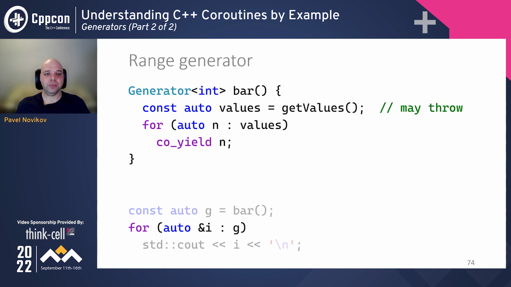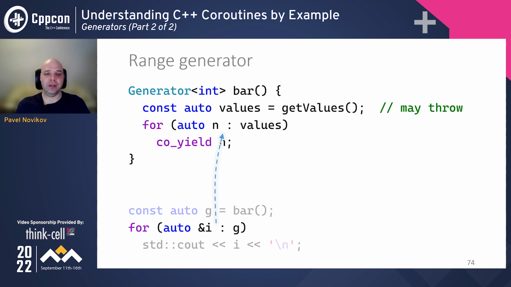And let's go over how it might work. So when from outside we use the range for to iterate over values, we get inside the coroutine.